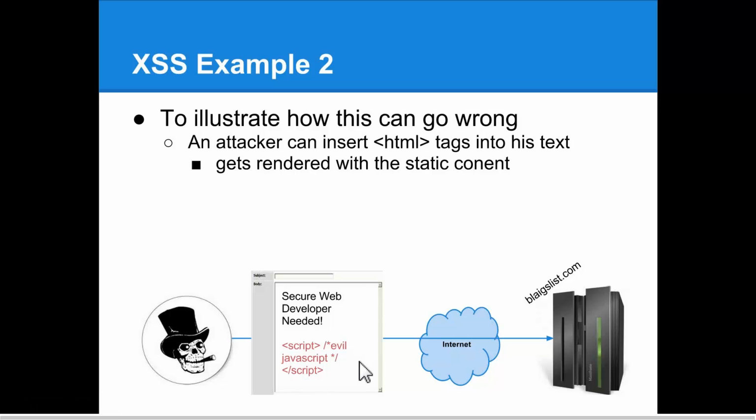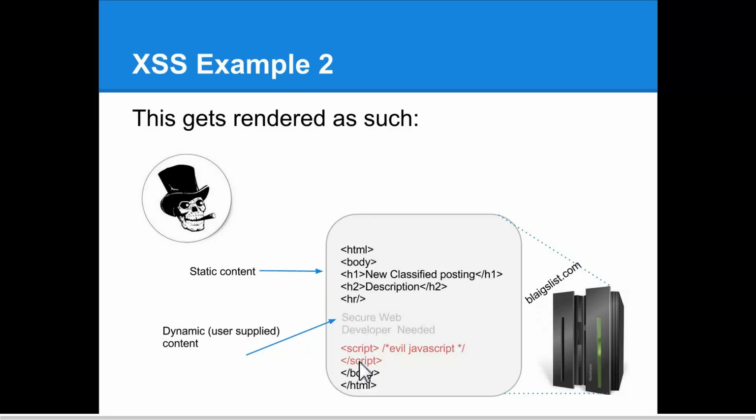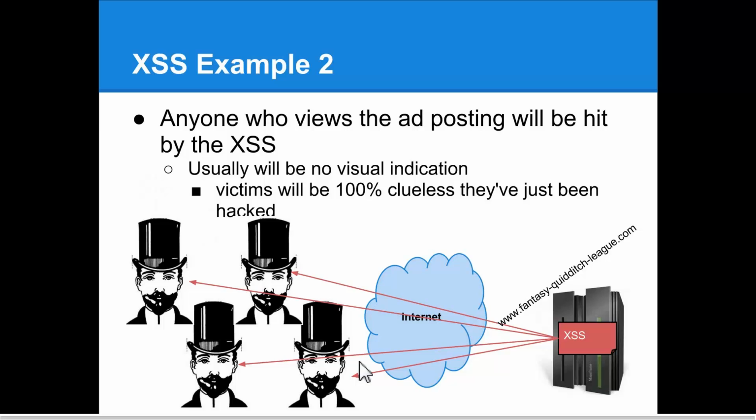And this gets rendered in with the static content. So whenever a user views that ad, and that content gets put into the HTML, that script will run. And usually, there will be no visual indication that a cross-site scripting attack is running in the background for a user. The victims will be 100% clueless. It takes zero time and leaves no indication.